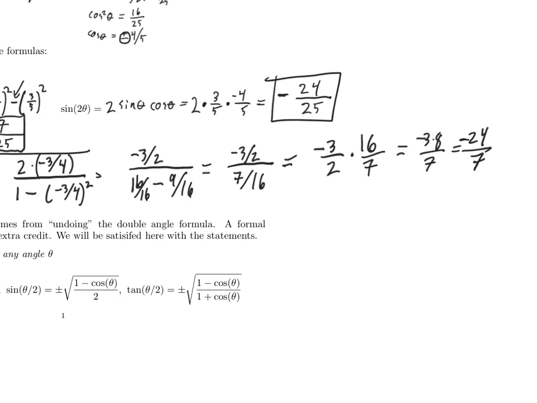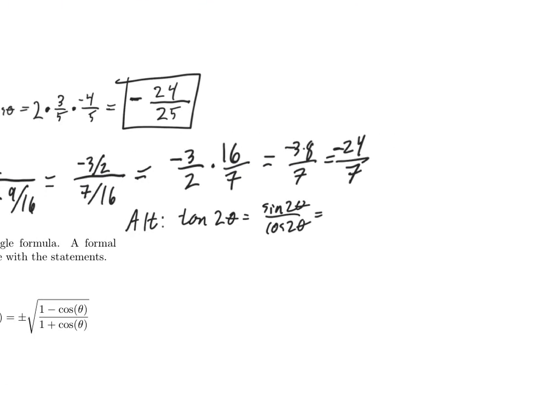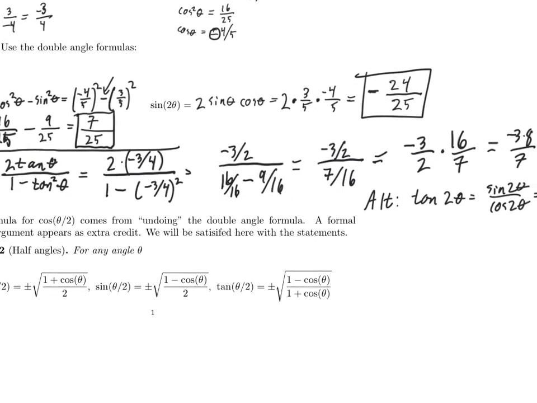On the other hand, another way of doing that same computation, my handwriting was too big and cartoonish for there to be space right here. Alternately, tangent of 2 theta is equal to sine 2 theta divided by cosine 2 theta. And I know what those two things are. Sine of 2 theta is negative 24 over 25 all over 7 over 25.